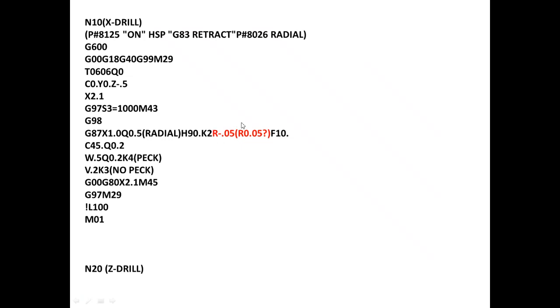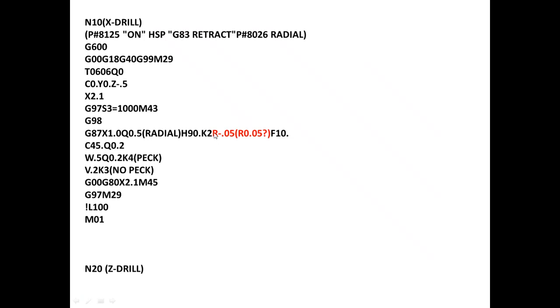And then the R value, it doesn't have to be minus or plus. The machine just needs to know which direction to go. On the Fanuc control, the R value is where you put which direction you want to go, but on the Mitsubishi control, it's just to know where to go. So it doesn't matter.